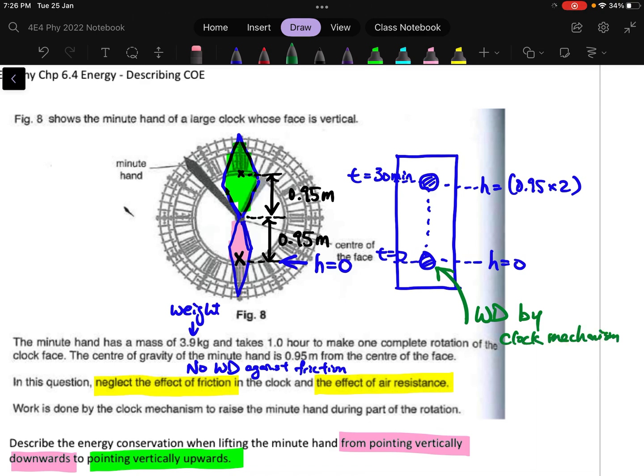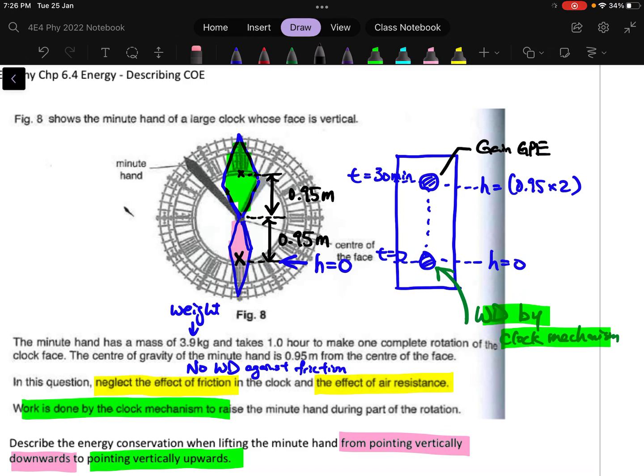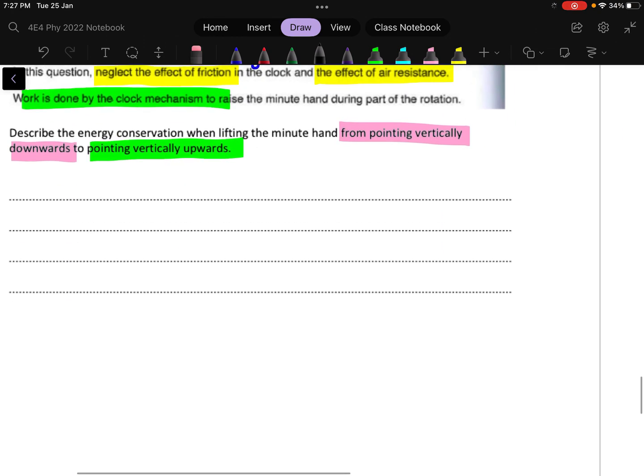How do I know I should phrase it this way? It is right here. So that is what happened when the clock went up: it must have gained GPE, right? So where does this gain in GPE come from? It must come from the work done by the clock mechanism.